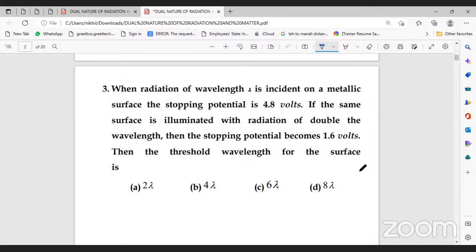What is the incident wavelength? Lambda. Stopping potential is 4.8 volt, which means the kinetic energy is 4.8. Instead of volt, you have to write it as electron volts. If the same surface is illuminated with a radiation of what wavelength?